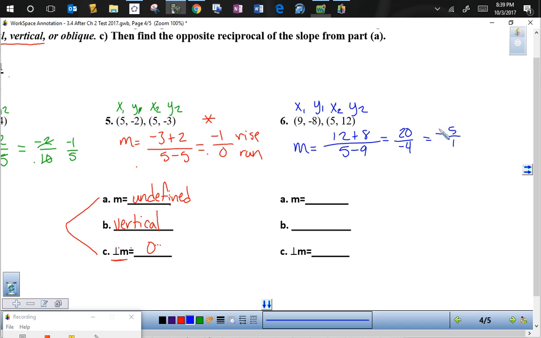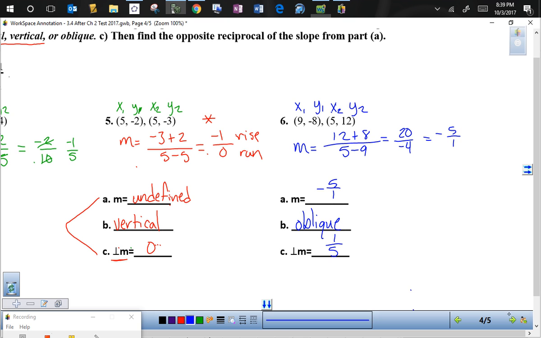The whole thing is negative. So that's our slope. And since there's not a 0 in there, we're going to call it oblique. And then flip that fraction, flip that sign. We've got a positive 1 divided by 5 for your perpendicular slope.